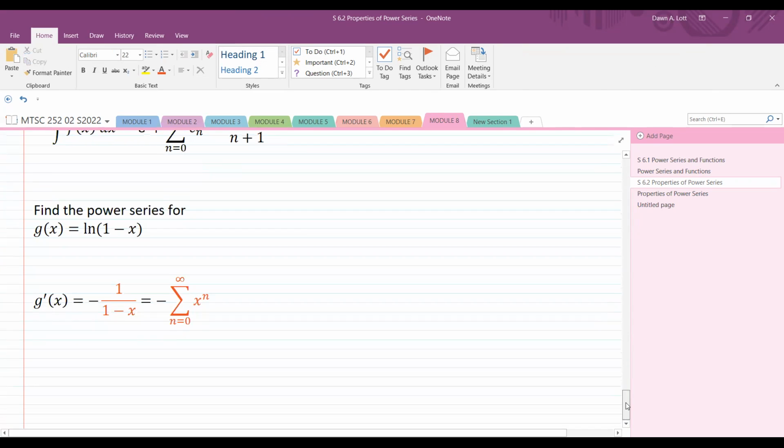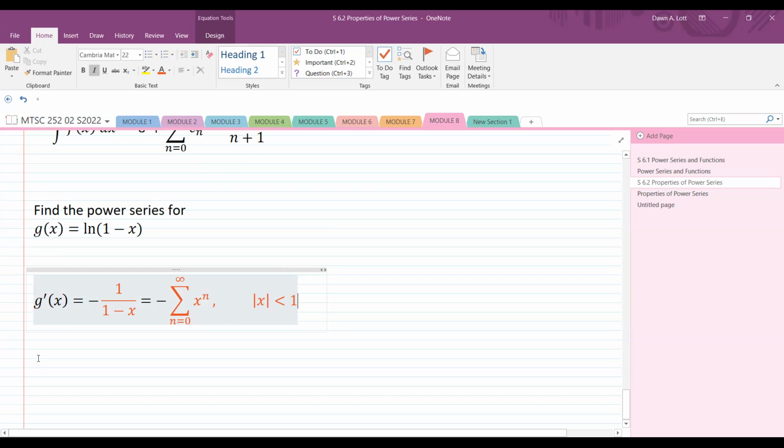Again, the absolute value of x has to be less than 1 for this. So in order to get g, I just need to integrate that.